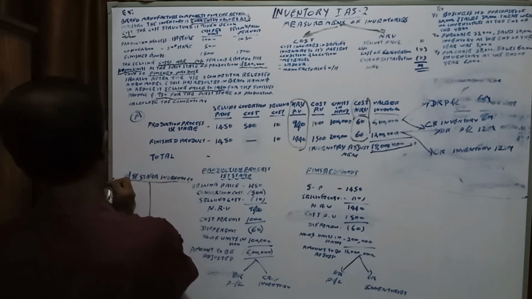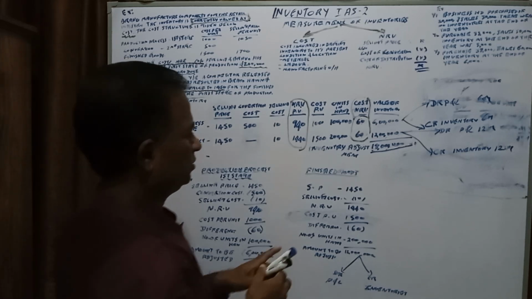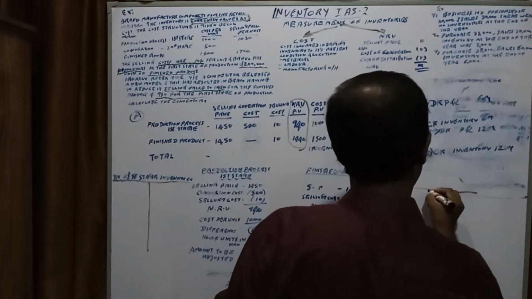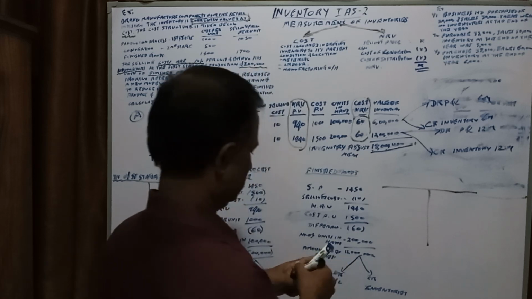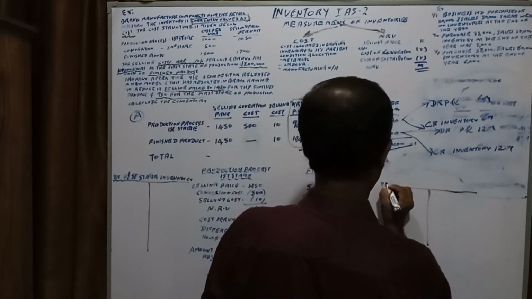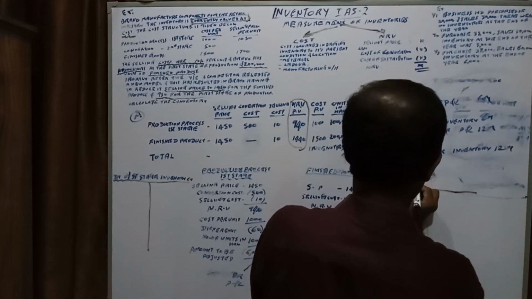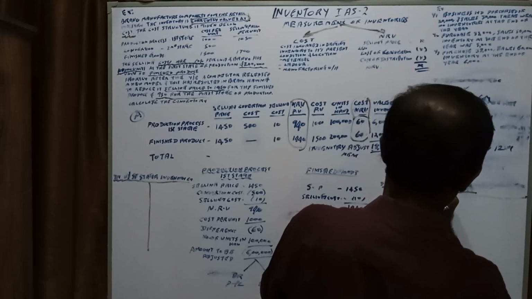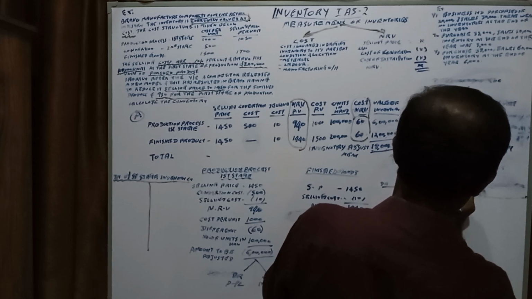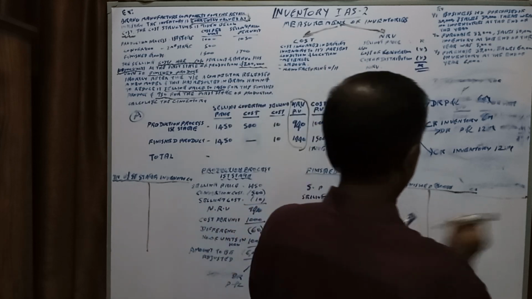This is credit and this is debit. This is finished goods. This is debit, and this is credit.